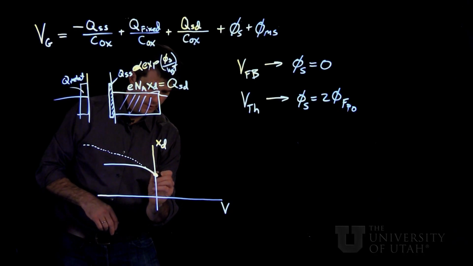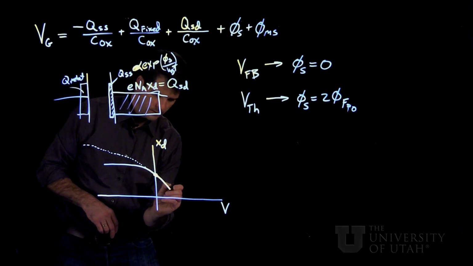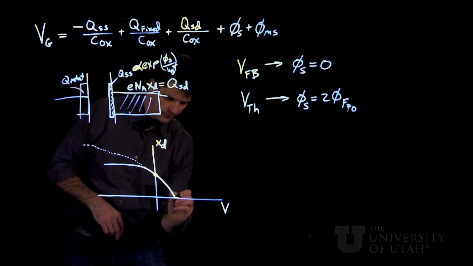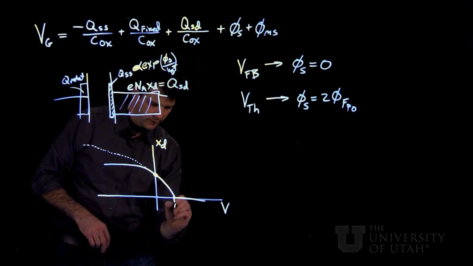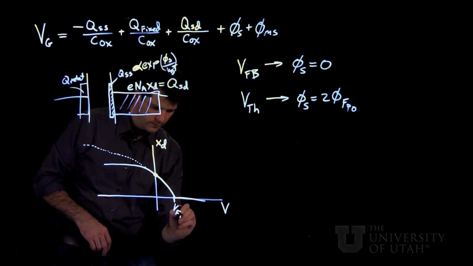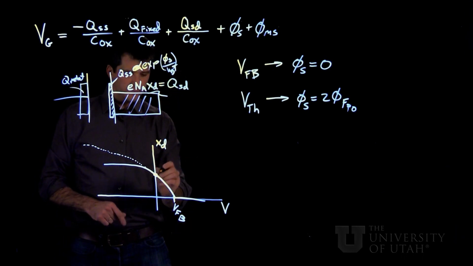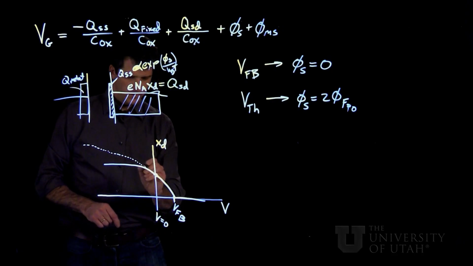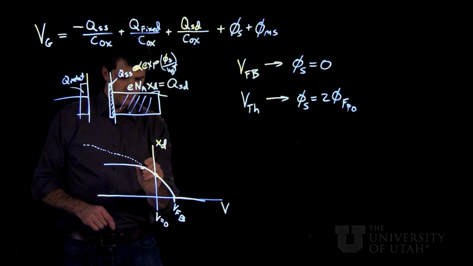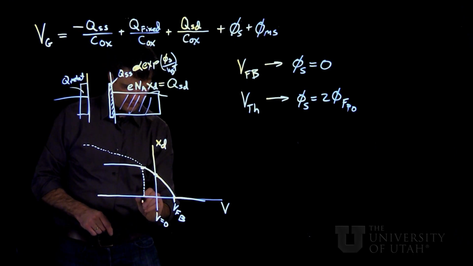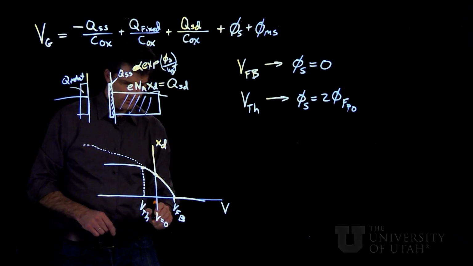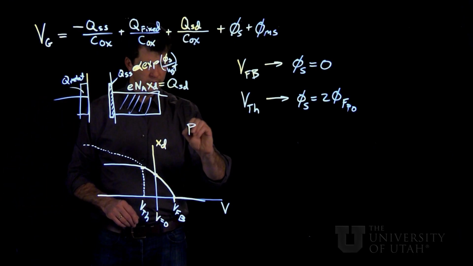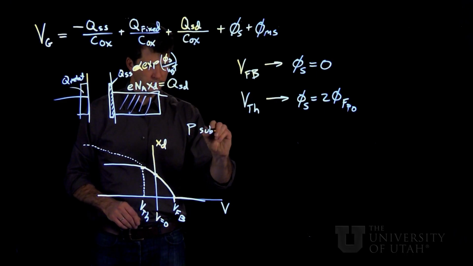Now going into forward bias, we'll hit a point where the depletion width goes to 0, and this defines our V flat band. This is our V equals 0. And at some point over here, we'll hit threshold. And again, this is for a P substrate.